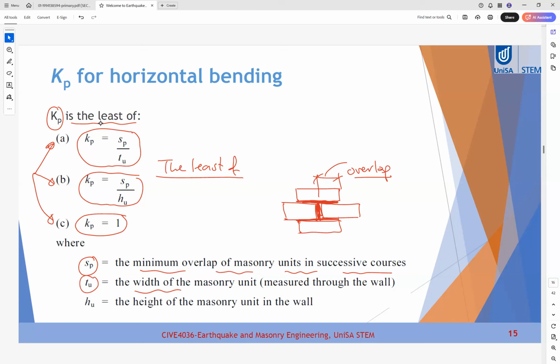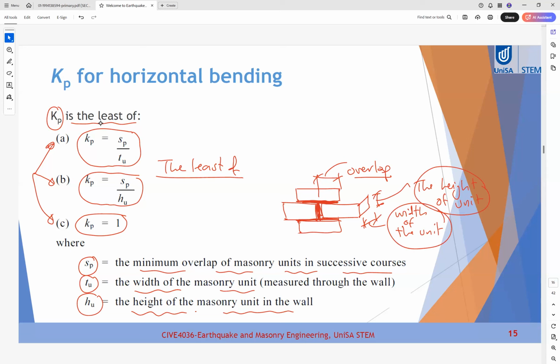TU is the width of the masonry unit. So if this is our 3D unit, this is the width of the unit. HU is the height of the masonry unit. So we have the height of the unit, the width of the unit, and the overlap between the two courses.